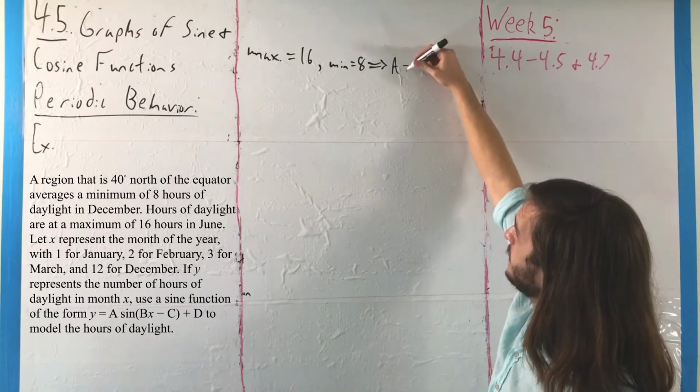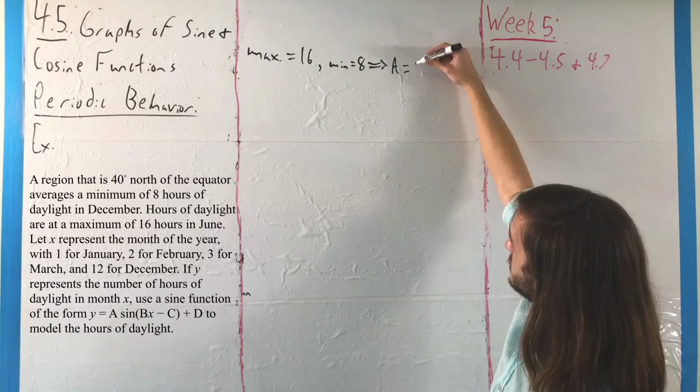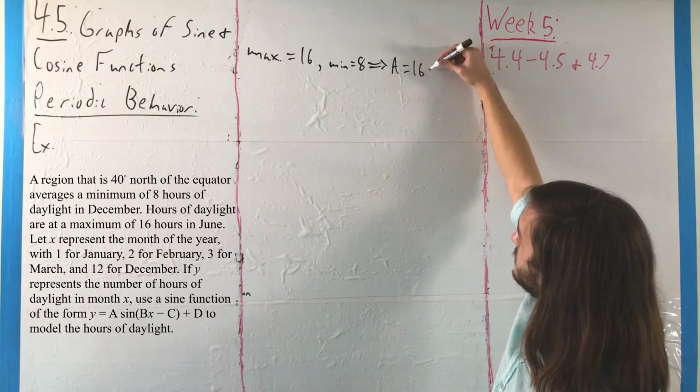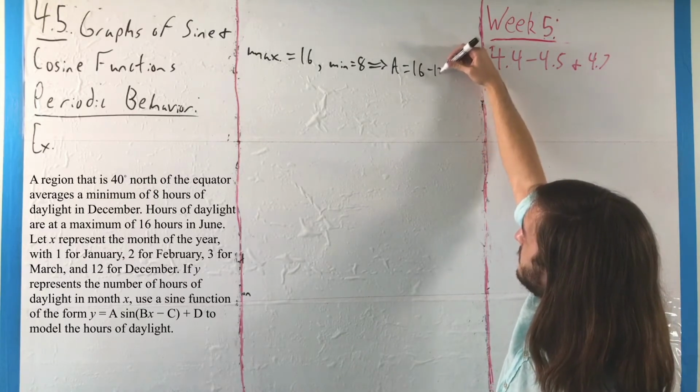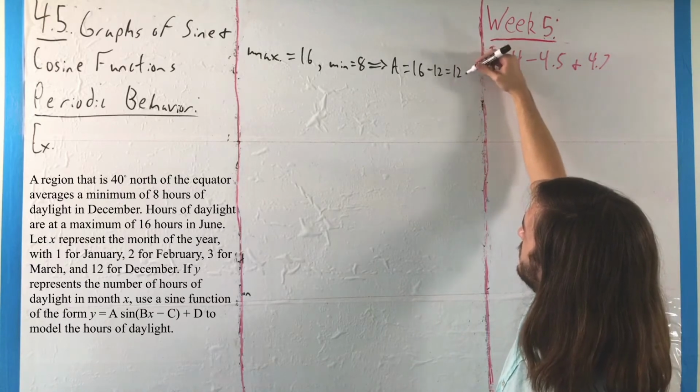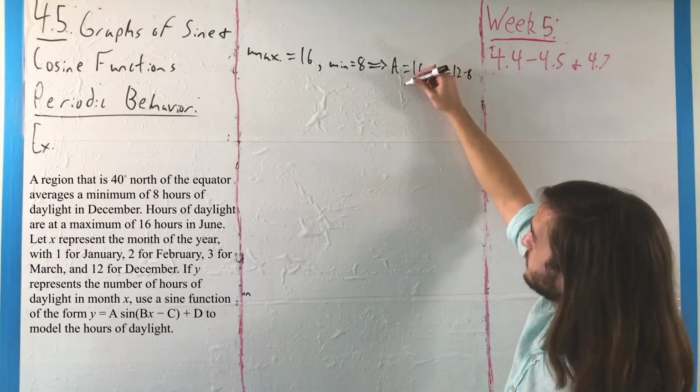So our amplitude A is equal to 16 minus 12, or 12 minus 8, whichever you prefer.